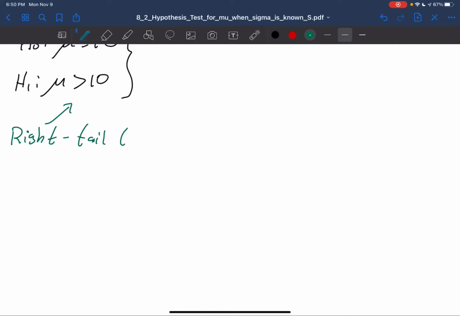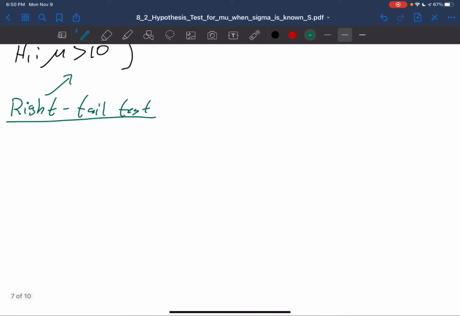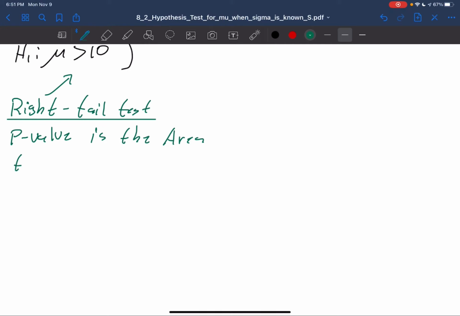So that means that the p-value is the area to the right of our test statistic z.